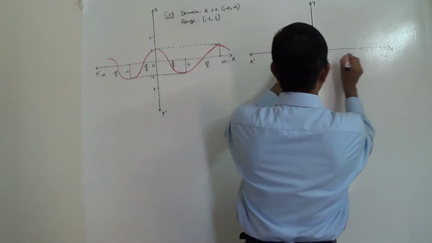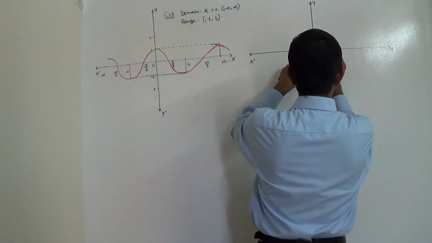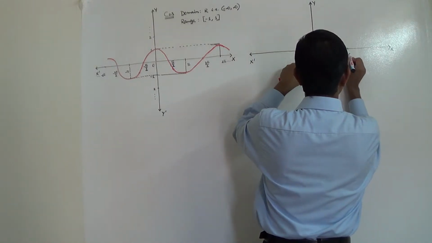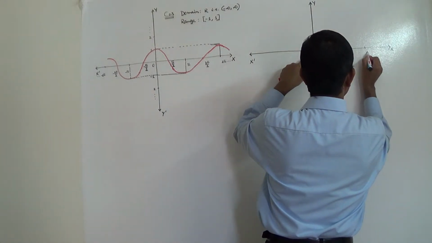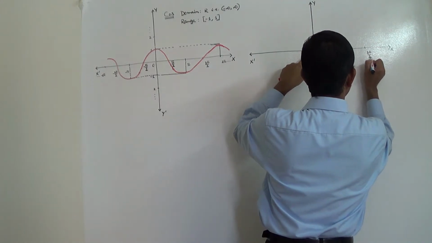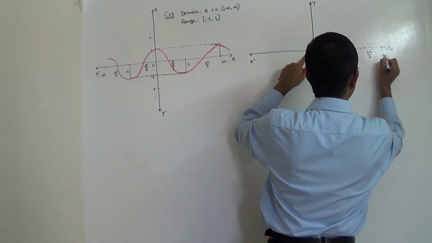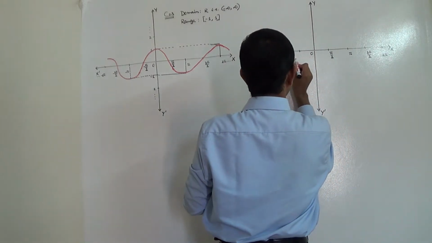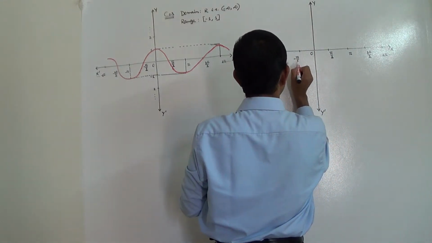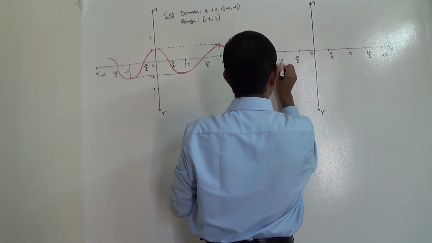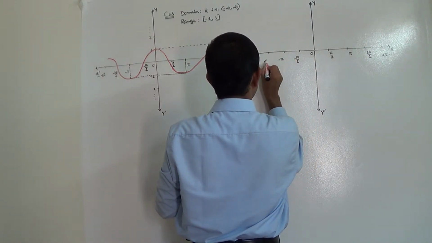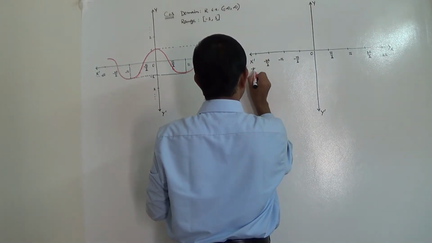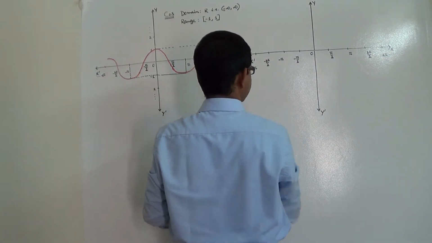Let us measure the angle along the x-axis with an interval of pi by 2. This is pi, this is 3 pi by 2, and this is 2 pi, and it continues like this. In the negative angle, this is minus pi by 2, this is minus pi, this is minus 3 pi by 2, this is minus 2 pi, and it continues like this.